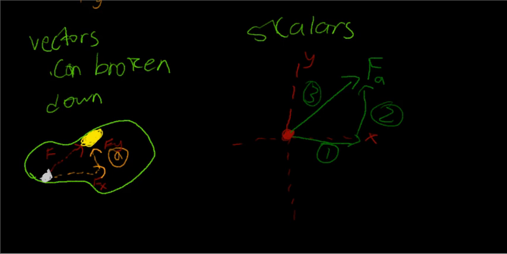What I meant to say was 1 squared plus 2 squared equals 3 squared. That's just coming from Pythagorean's theorem. Let's replace these with some variables. We'll call that A, B, and we'll call this C. So A squared plus B squared equals C squared.